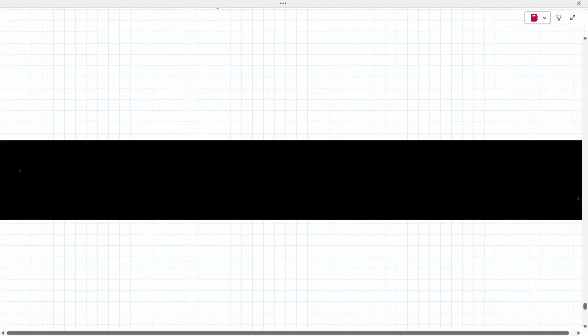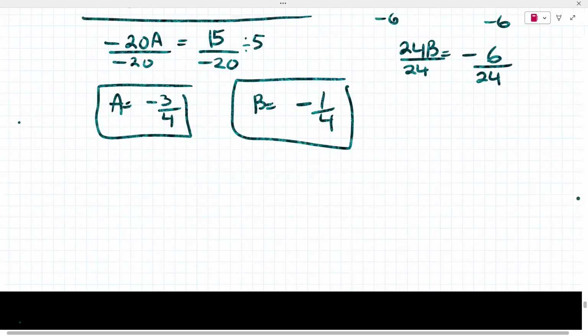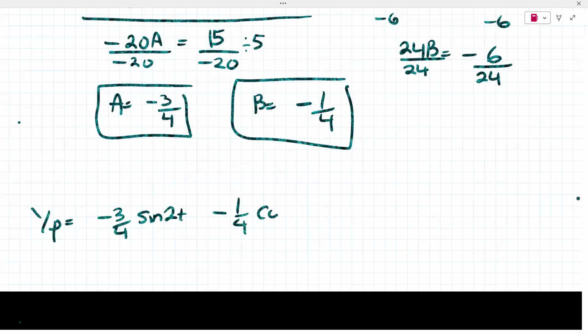Then what we'll do is find your yp. So we found our a and our b, so our yp is going to be negative 3/4 sine of 2t minus 1/4 cosine of 2t. And then step 4 would be to find the general solution. The general solution is y equals yh plus yp.